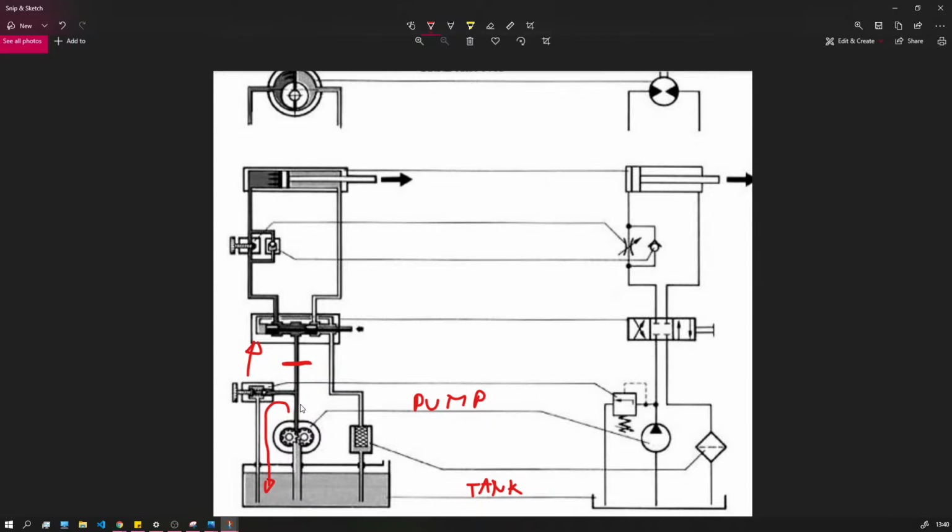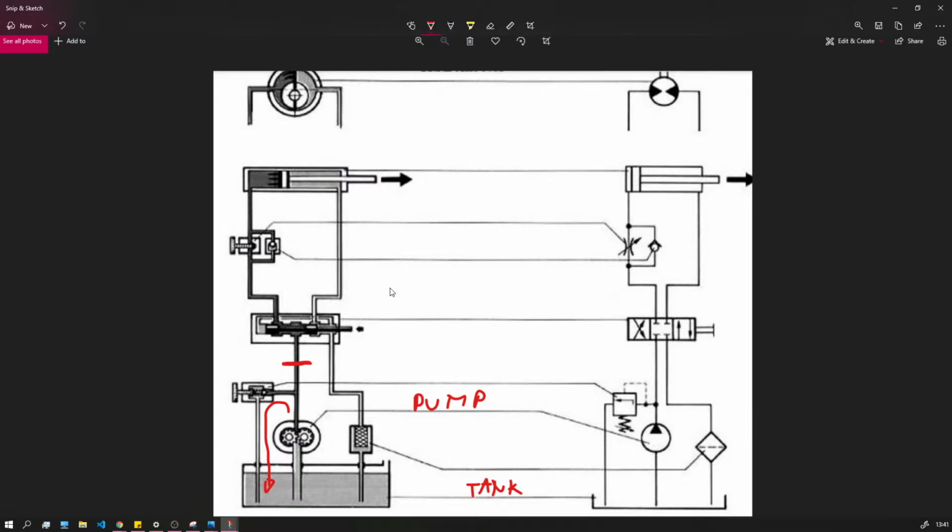The most common case is that the cylinder reaches its end position and doesn't move anymore. Therefore, the pressure rises to maximum, and we are releasing the overflow from the pump back into the tank.